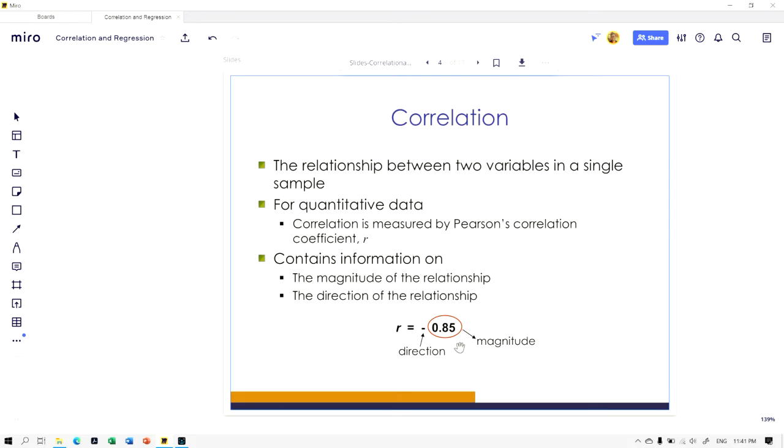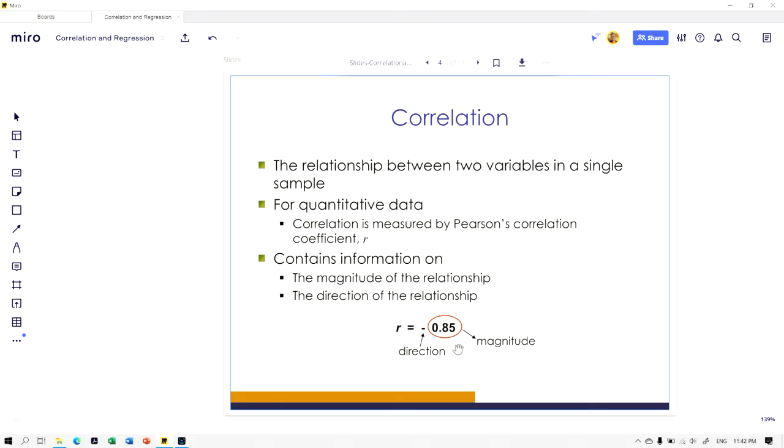If the direction is given by a negative value, the relationship is inversely related, which means that the changes in the values will be in opposite directions. If a value of one variable increases, the value of the other variable decreases.